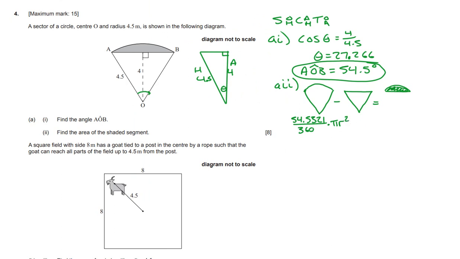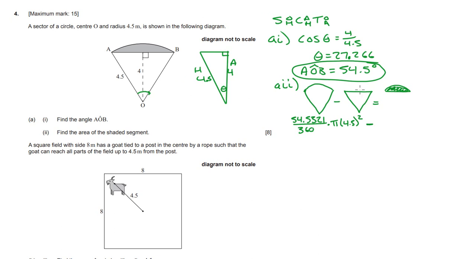Instead of writing the r squared in there, I'm going to actually put the r in there, which is 4.5. Pi times 4.5 squared. That's going to be this section here. And then we're going to subtract off this triangle right here.